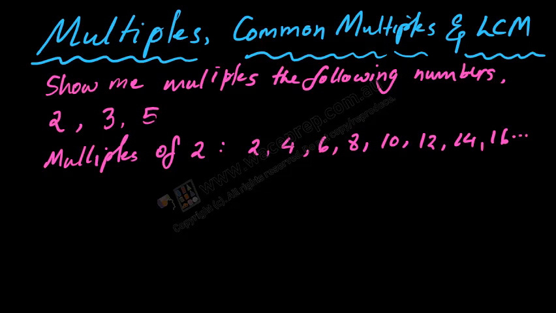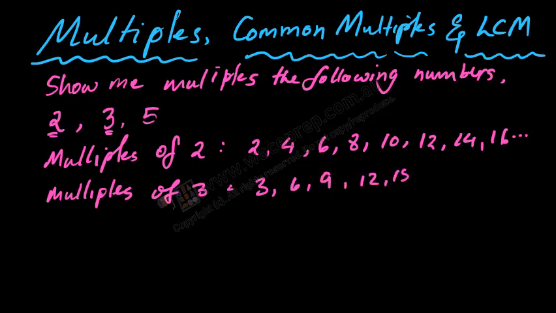And then you can go to the next stage. So you've done 2, then you can say multiples of 3, which are 3, 6, 9, 12, 15, 18, 21, 24 and so on.